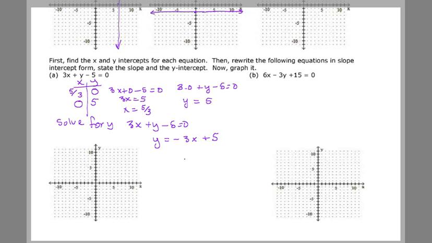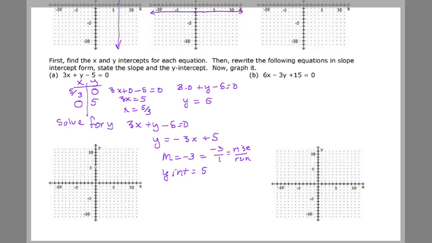Well, it wants us to state the slope and the y-intercept. So the slope is negative 3, and the y-intercept is 5. Now we want to graph it. Well, you can use the two ordered pairs, the x and y-intercept, or you can use a shortcut starting at the y-intercept of 5 and doing rise over run. This is negative 3 over 1. So the rise is negative 3 and the run is 1.